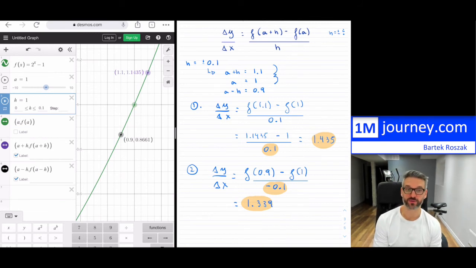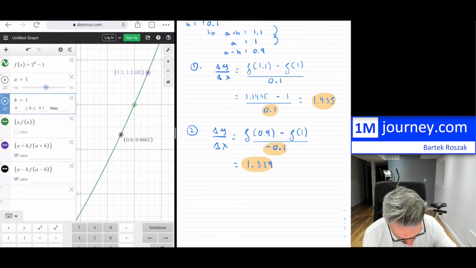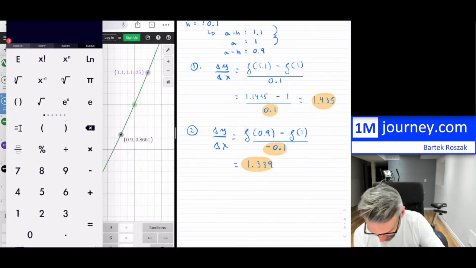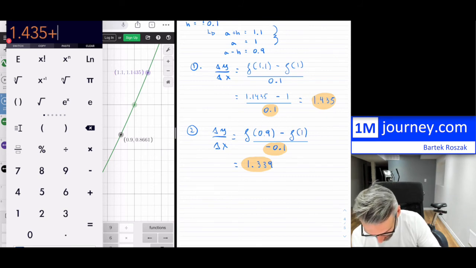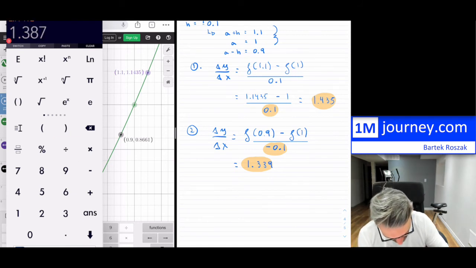Because we have two of them, we take the average over the two. So 1.435 plus 1.339, divided by 2, we have an approximation of 1.387 as our instantaneous rate of change.